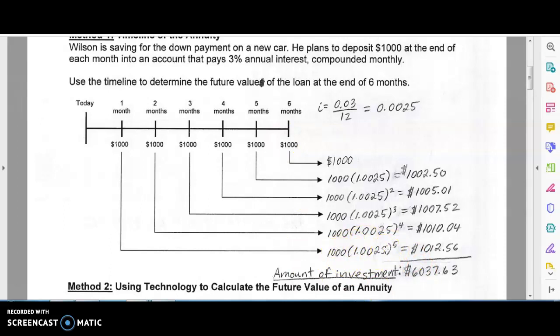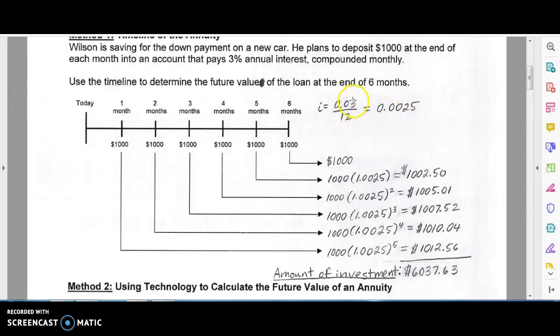If you remember the formula from previous lessons, it's A, which is the amount, equals P or PMT, which is your payment that you start with, so $1,000, and then bracket 1 plus i to the power of n. The i in this case, we can see up here, has been calculated for us.